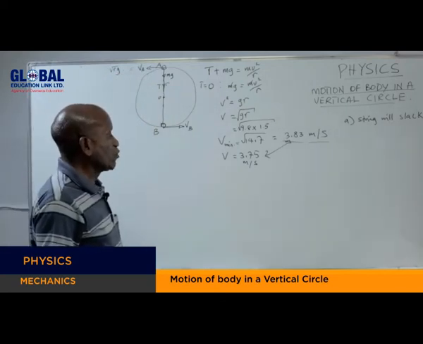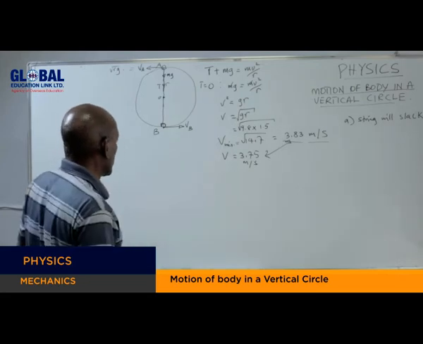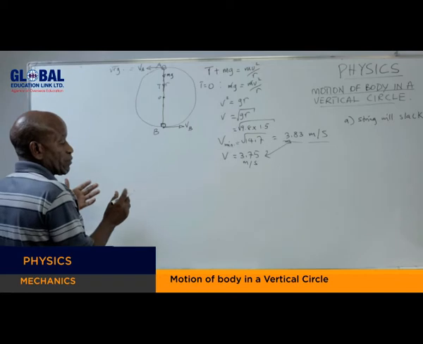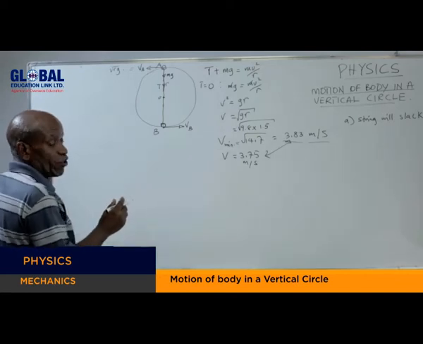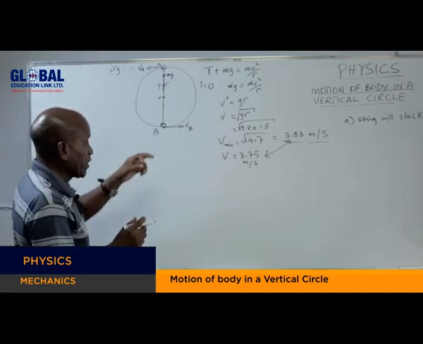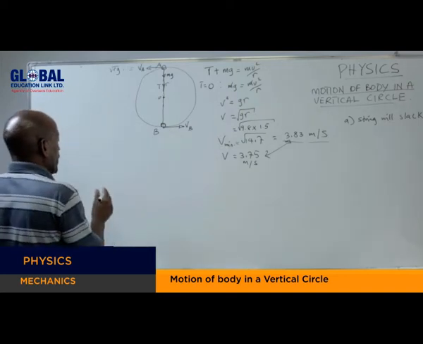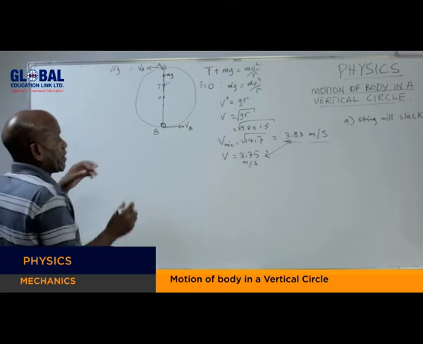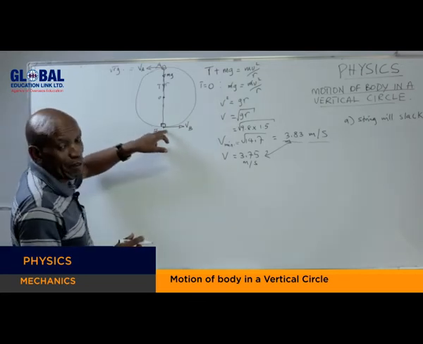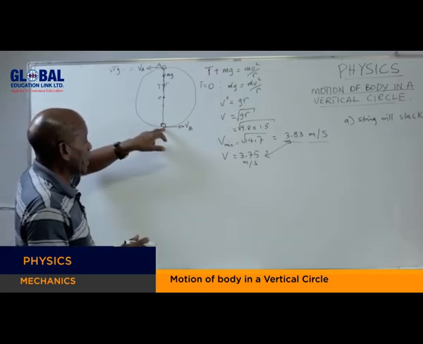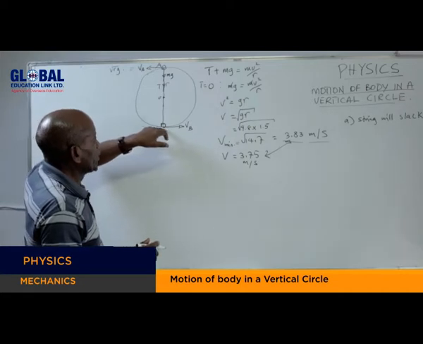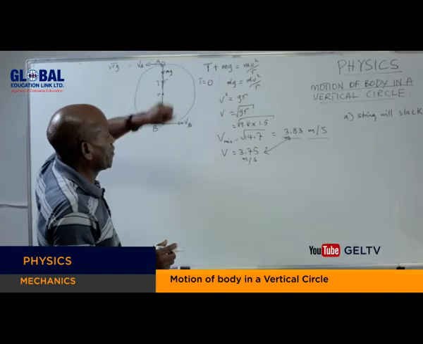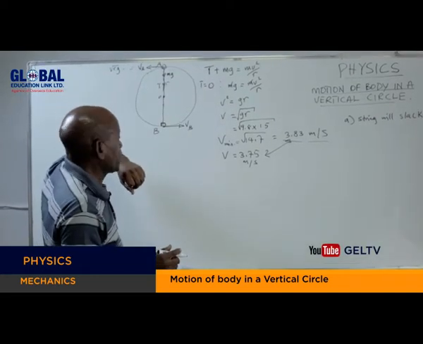So to determine this minimum velocity, we look at the energy possessed by a body whenever it's passing at the bottom. By the conservation of energy, the total energy possessed by the body at the bottom should be equal to the total energy possessed by the body at the highest point.